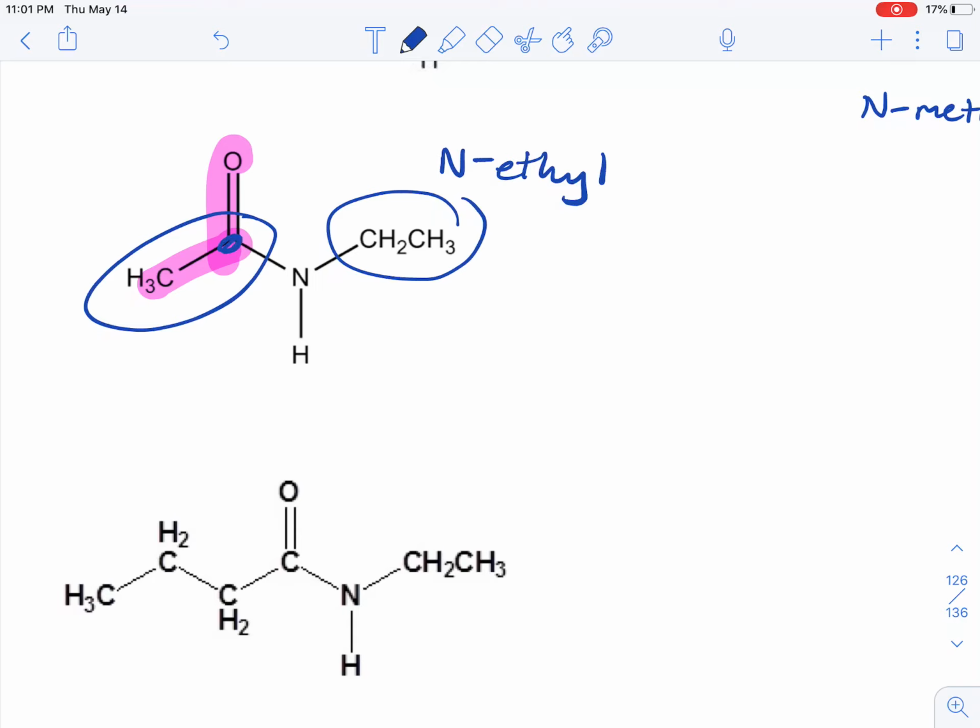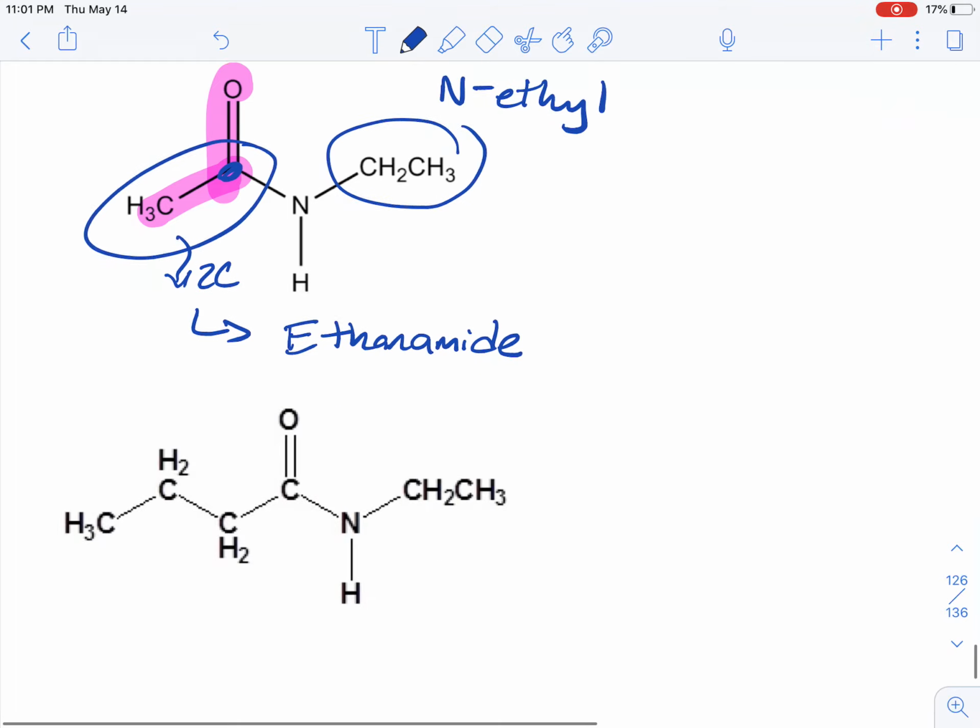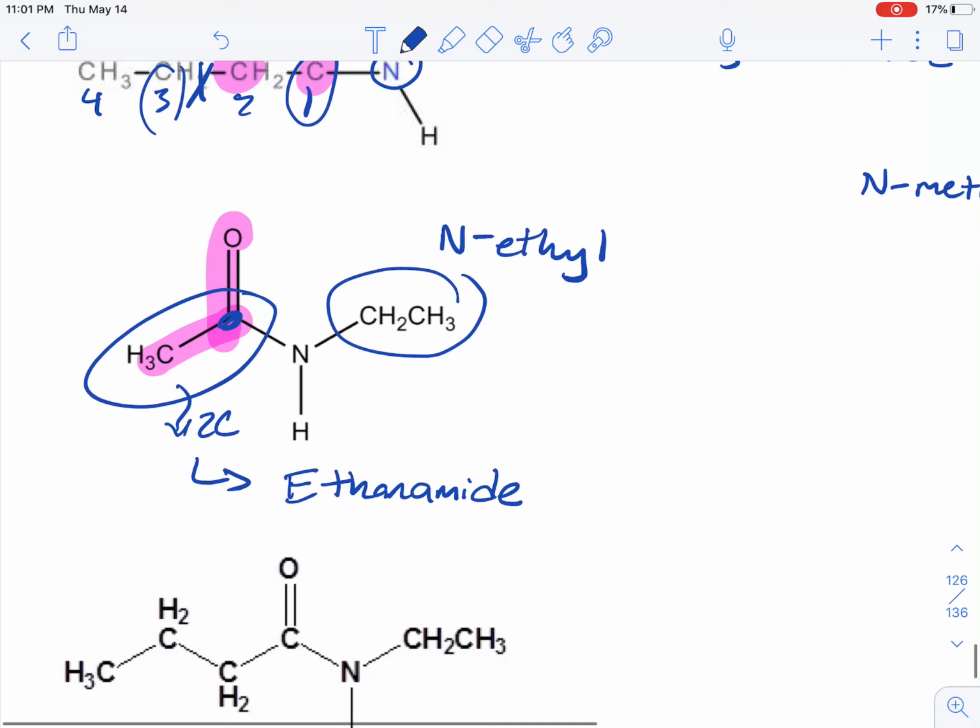So this is a 2-carbon compound. And so that's going to be ethane. Drop the E, add the amide, since I have a secondary amide. And so you don't put secondary amide in the name, you just say amide. You're just going to have to look at whether or not there's an N substituent to determine if it's a secondary, tertiary, or primary amide.